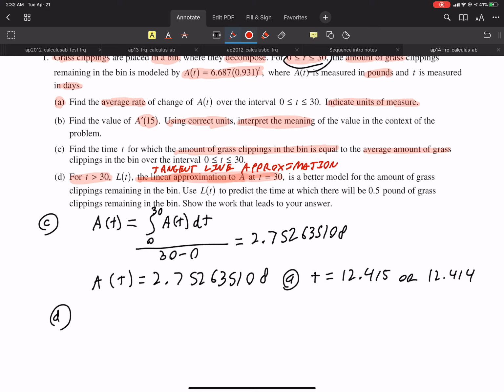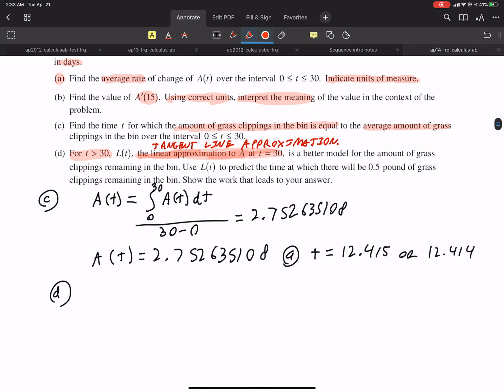So we want to use the tangent line to approximate our function A. It says it's a better model for the amount of grass clippings remaining in the bin. So after 30, the tangent line is a better model. Using L of t to predict the time at which there will be 0.5 pounds of grass clippings remaining in the bin. Show your work that leads to the answer.